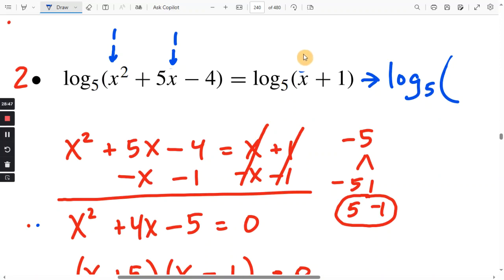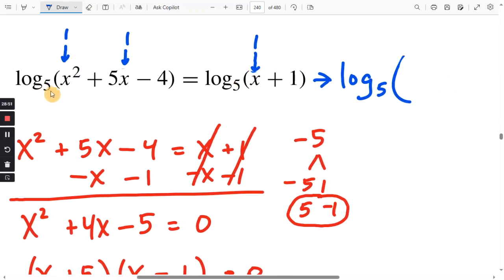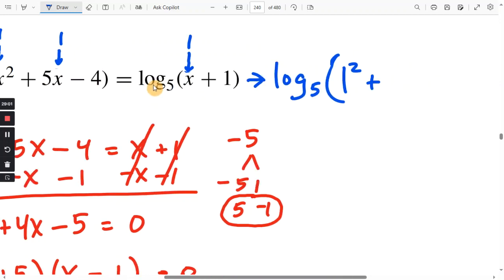That should be pretty easy. So we start with log base 5, parentheses, 1 squared plus 5 times 1 minus 4. And that equals log base 5 of 1 plus 1.